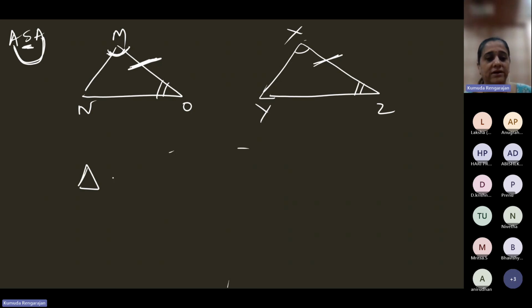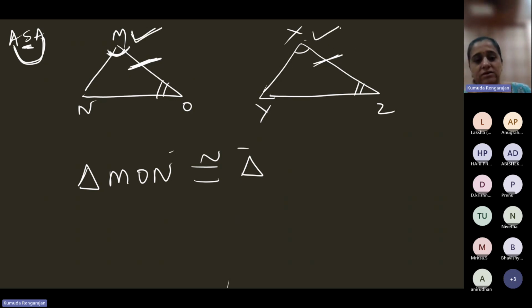So triangle MON is congruent to triangle... You know that angle M is equal to angle X, so if you write vertex M first, you should write vertex X first. Then you know angle O is equal to angle Z. So if you write O in the second place, you must write Z here. And then the third vertex, Y.